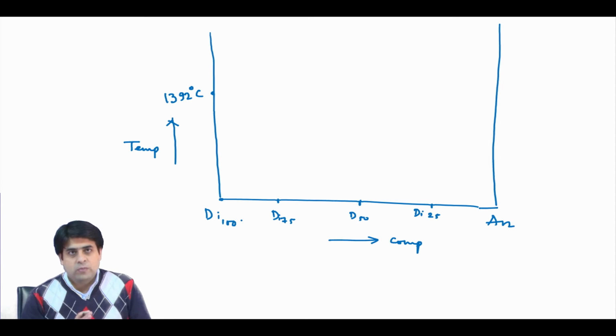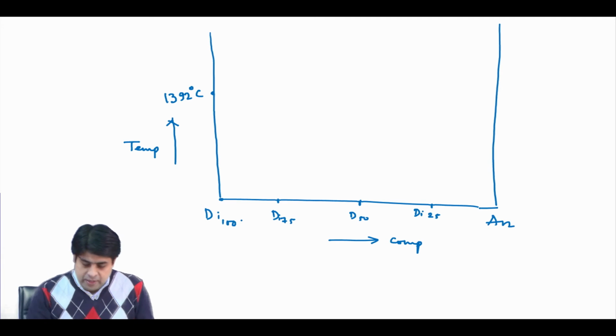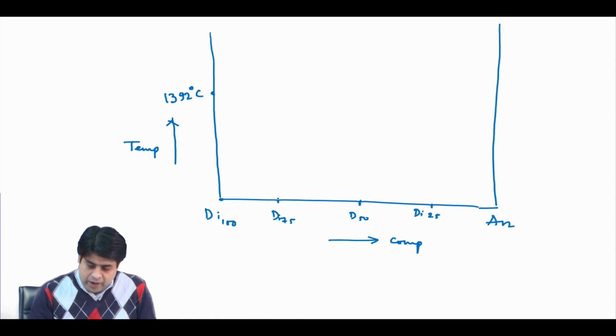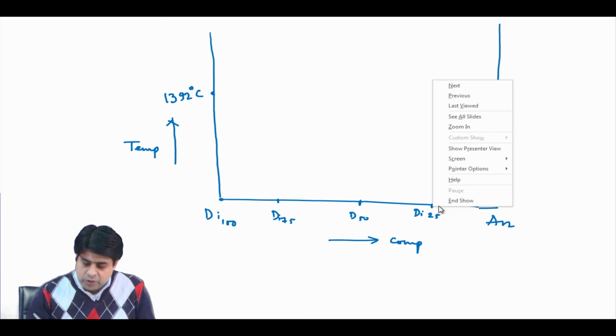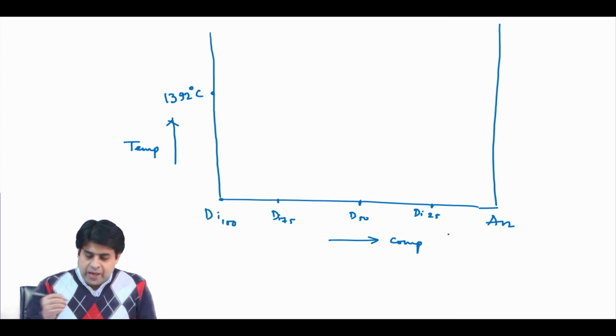Similarly, when you go from left to right, your anorthite proportion is increasing. Here you have 0% of anorthite, at this point 25% of anorthite, at this point 50% of anorthite, and at this point 75% of anorthite.